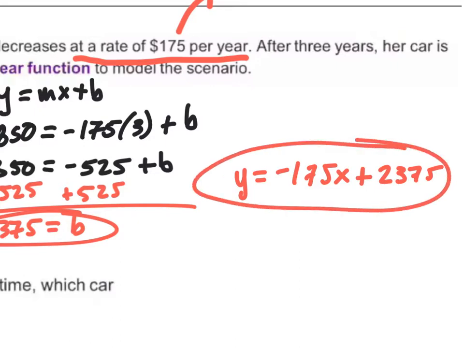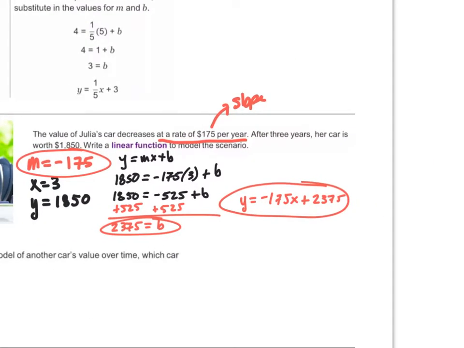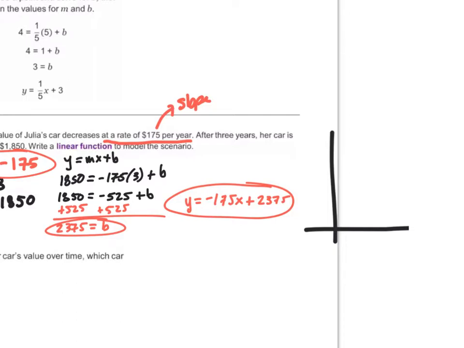Now, here's the thing. I want to show you guys how did I get this? How did I figure out what my x value was and my y value was? Well, if I draw a graph here, and you think of the value of a car, then my x-axis is years, and my y value is my worth.